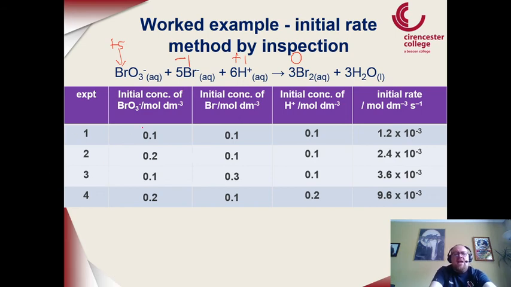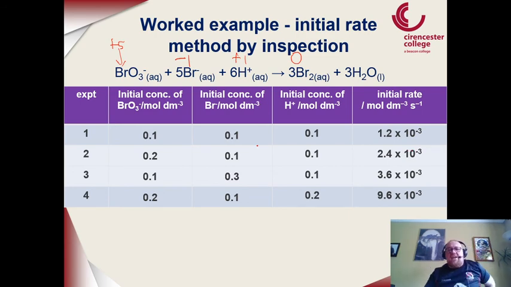So if I have the concentration of all the initial components as 0.1, it gives us a certain initial rate. Now, that doesn't really help us, but if I double the concentration of the bromate ion and keep everything else the same, I can see it doubles the rate of reaction.